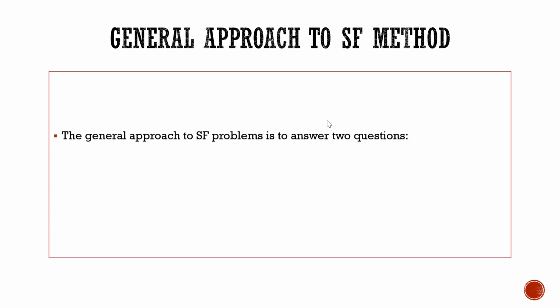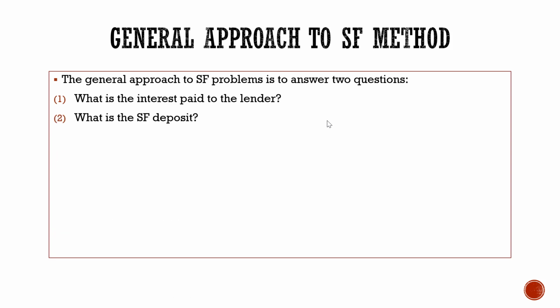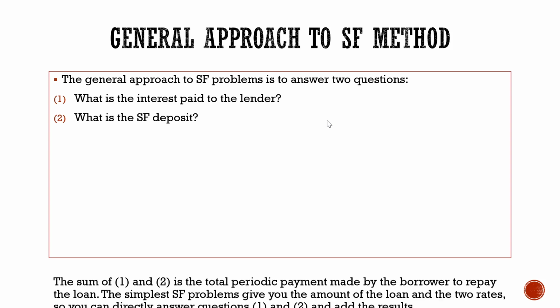General approach to the SF method. The general approach to the SF problem is to answer two basic questions. The first question is, what is the interest paid to the lender? And what is the SF deposit is the second question.